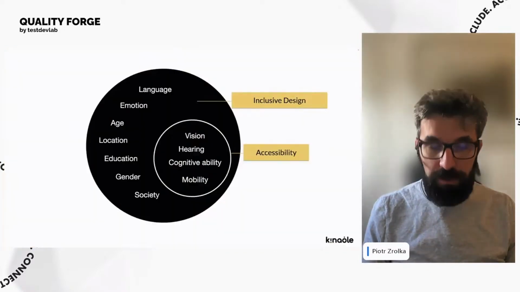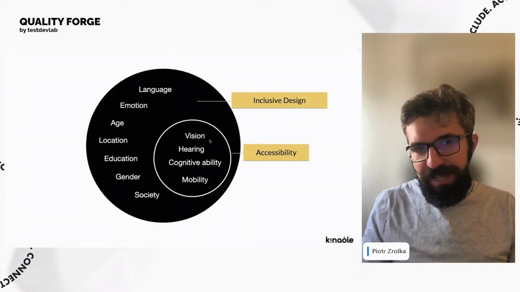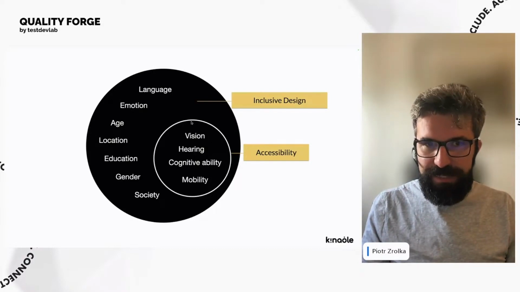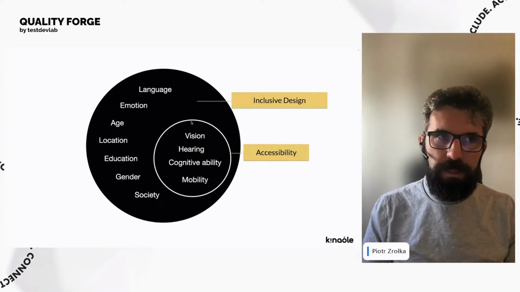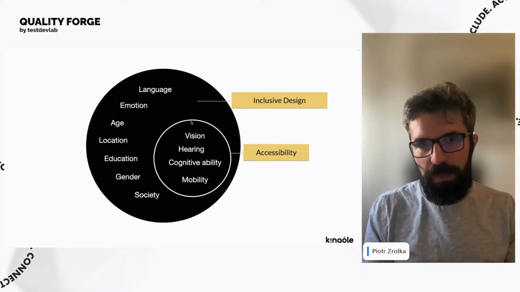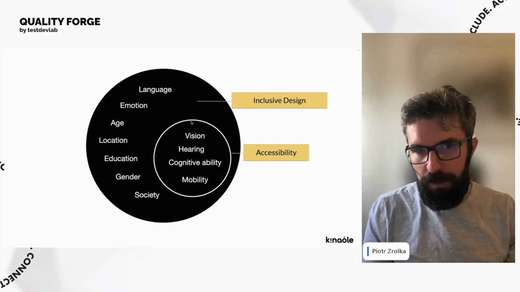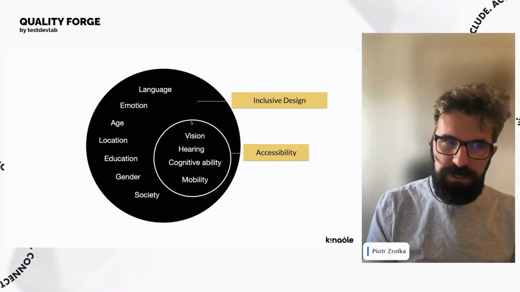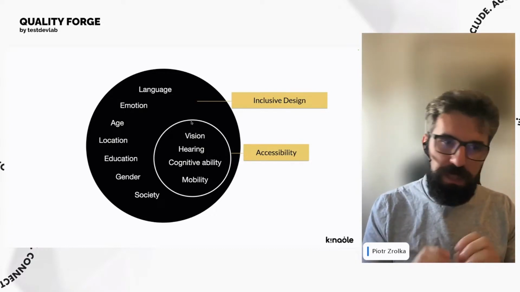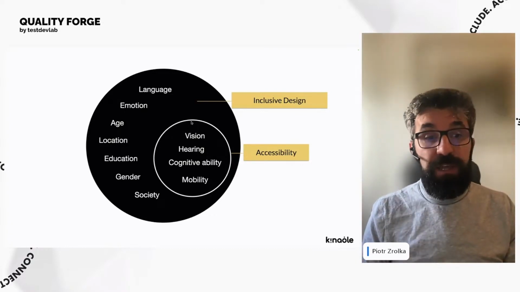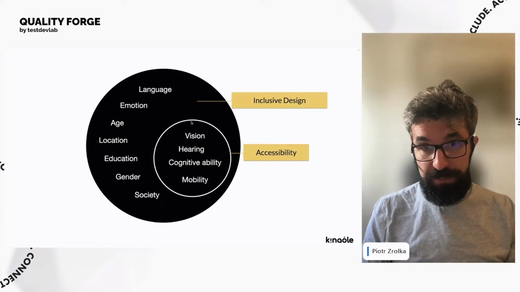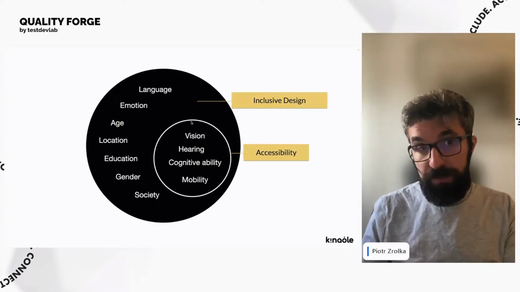This is super important. But WCAG covers only some aspects of the human being. It doesn't cover everything. So it's very important to go a little broader, including age, gender, language, etc., to ensure that we're building the right product.